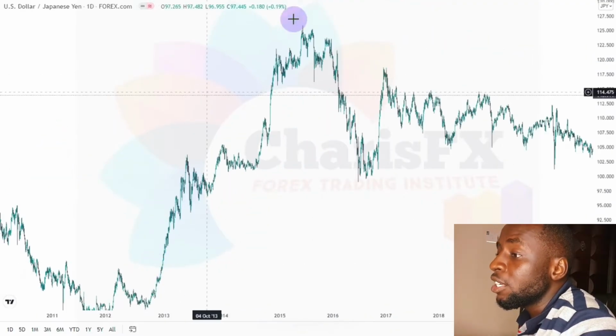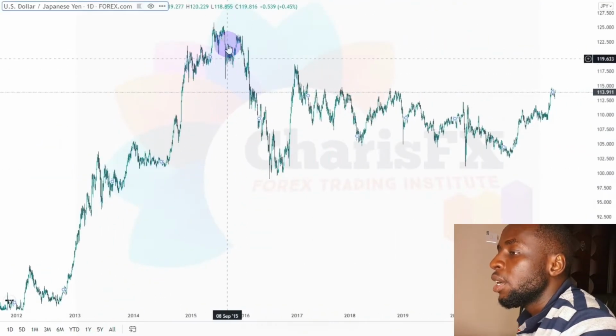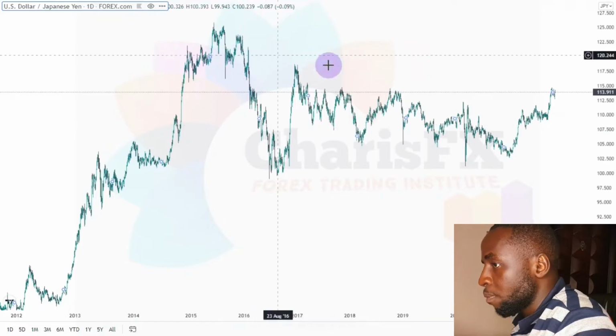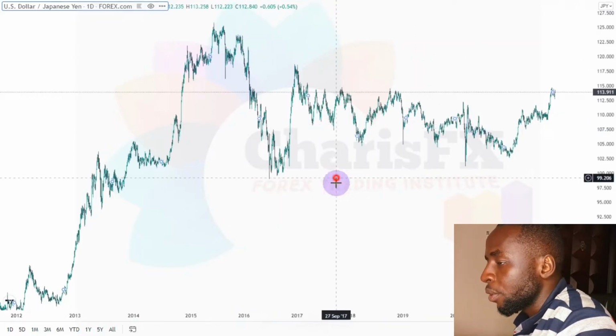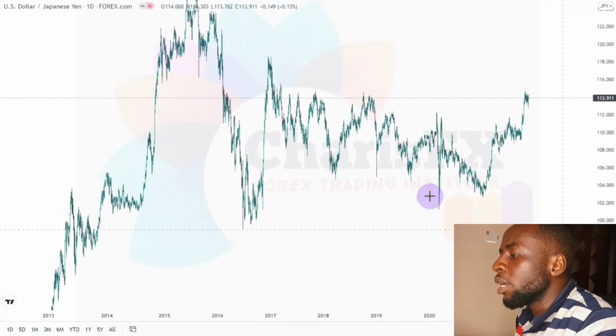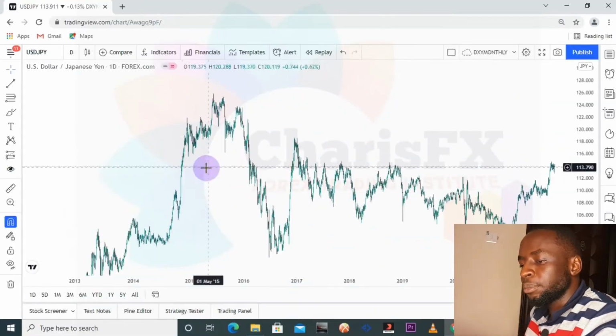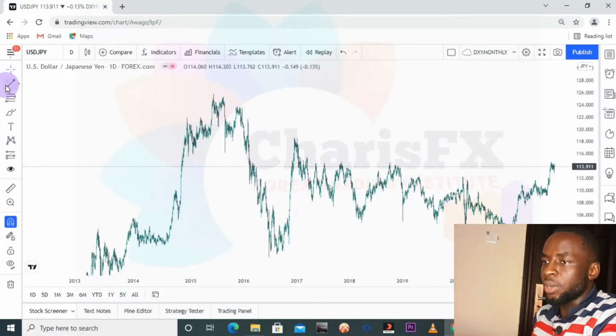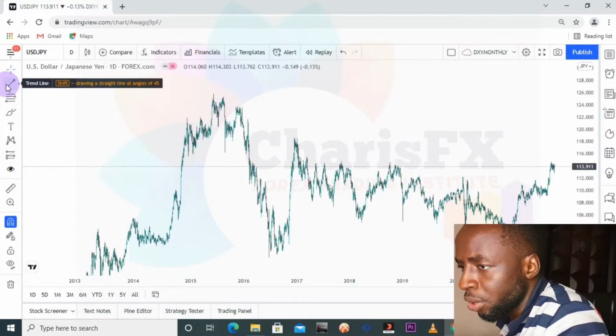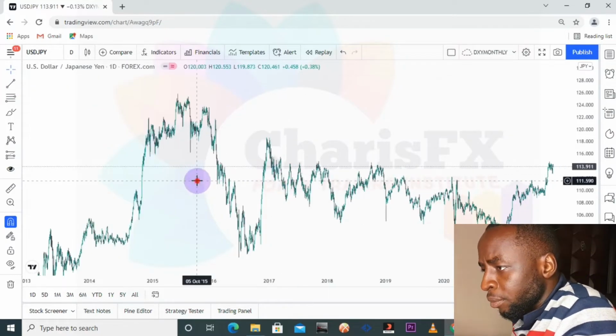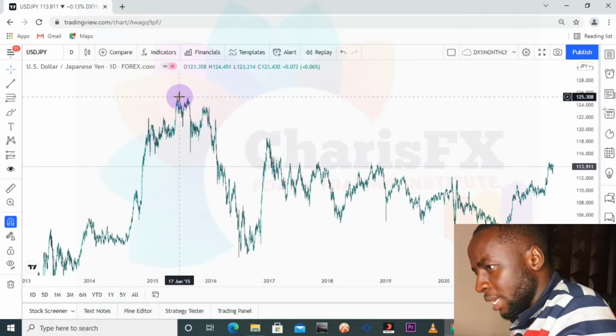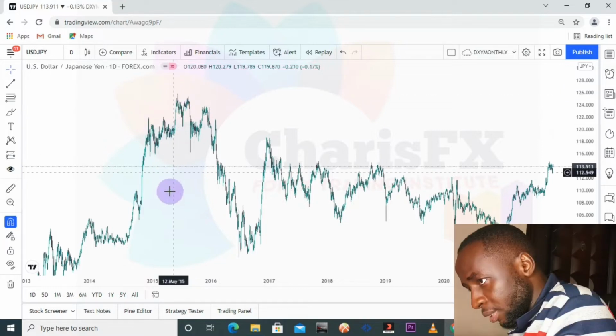So you can see literally here that price has been bullish and at some point price was bearish here. Okay, so why do you need to draw your trend line? So that you can find shorting opportunities, so you can find where you need to go short or you need to go long. Okay, so when you look at this, you will see that this is a high.